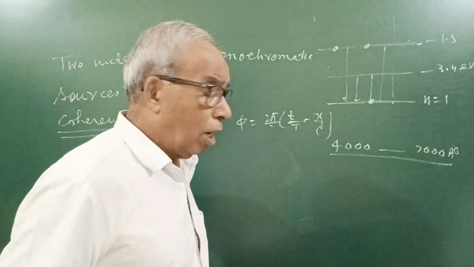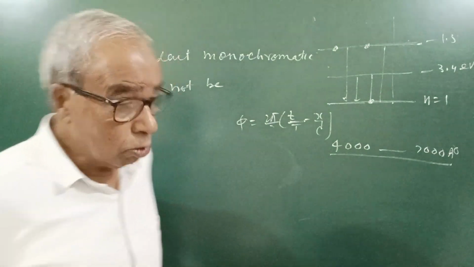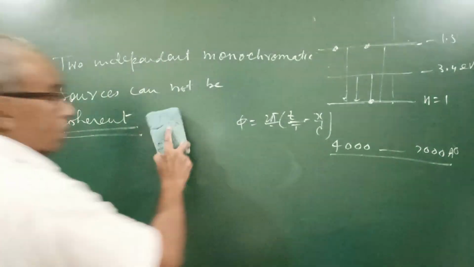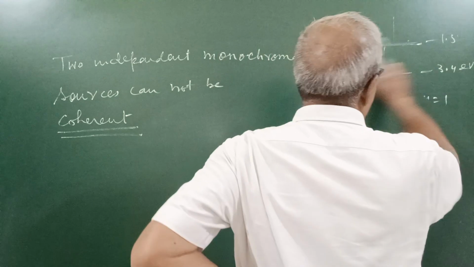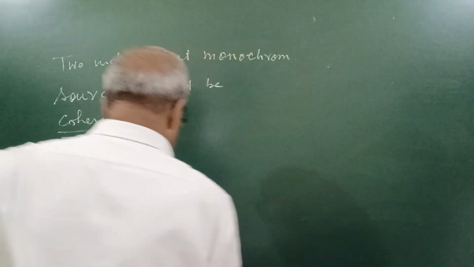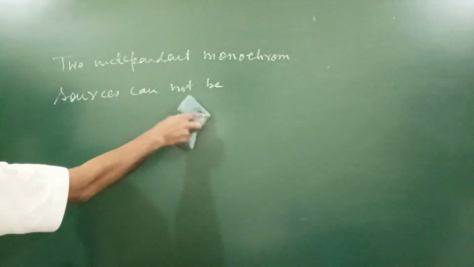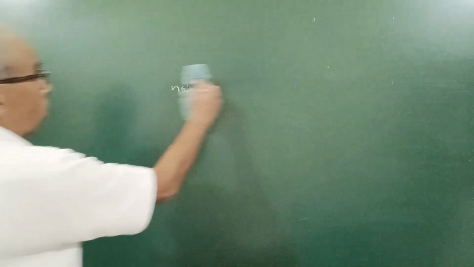Then the question arises: how to obtain two sources of light which can emit light with constant phase difference or zero phase difference?